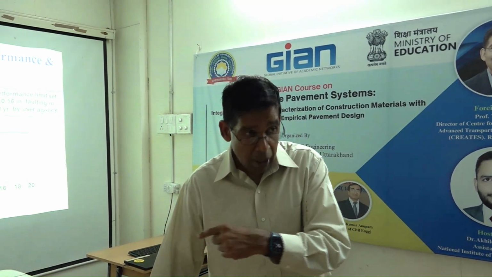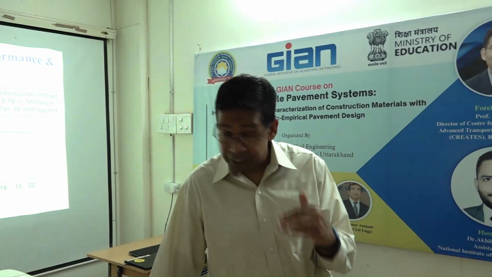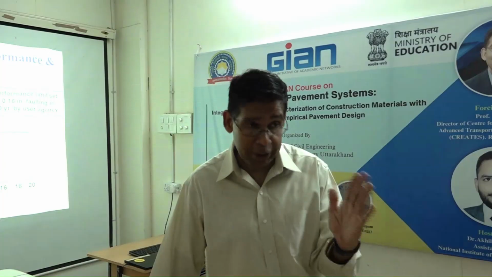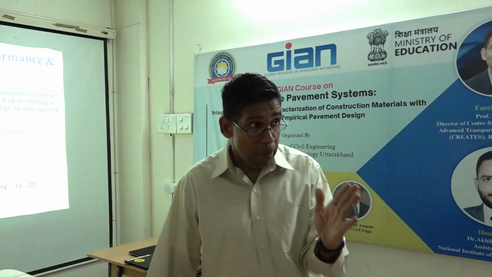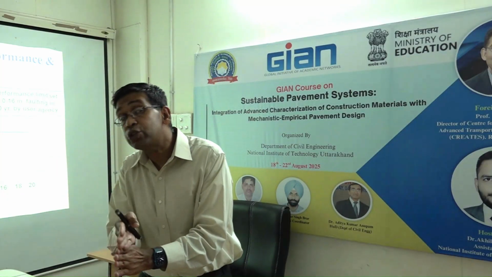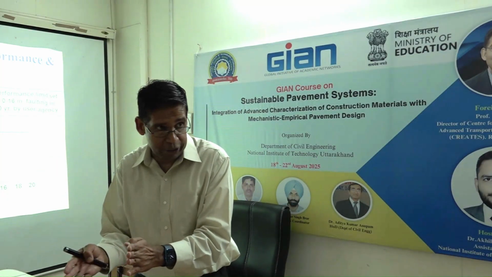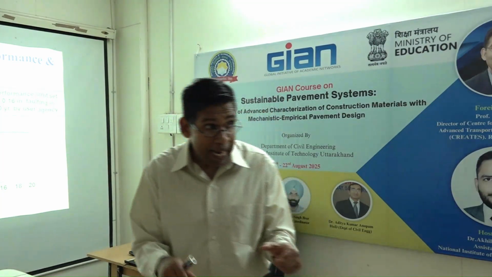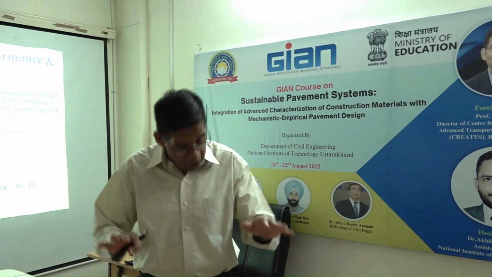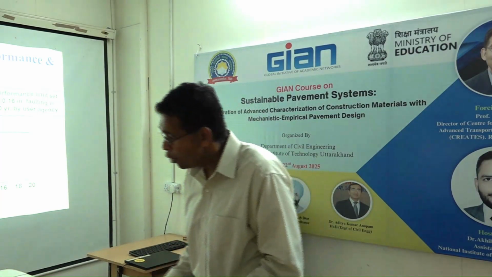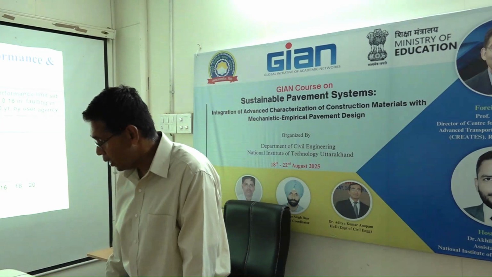We had to assume no factor of safety. So calibration is always done at 50% reliability, with no factor of safety. Then, if they choose to apply a factor of safety, they can. But calibration should always be done at zero factor of safety. Then eventually you apply the factor of safety.